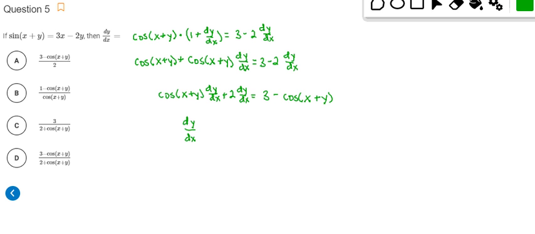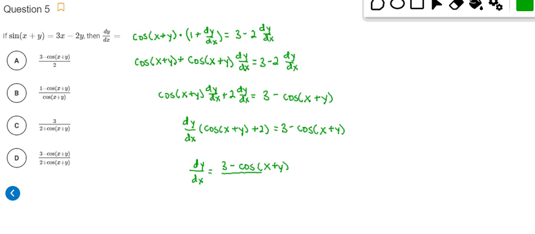itself eventually. Dy dx, we have cosine x plus y plus 2, and that equals 3 minus cosine x plus y. And because this is a multiple choice, I can see what my answer is going to be. So I'm going to write it dy dx equals 3 minus cosine x plus y.